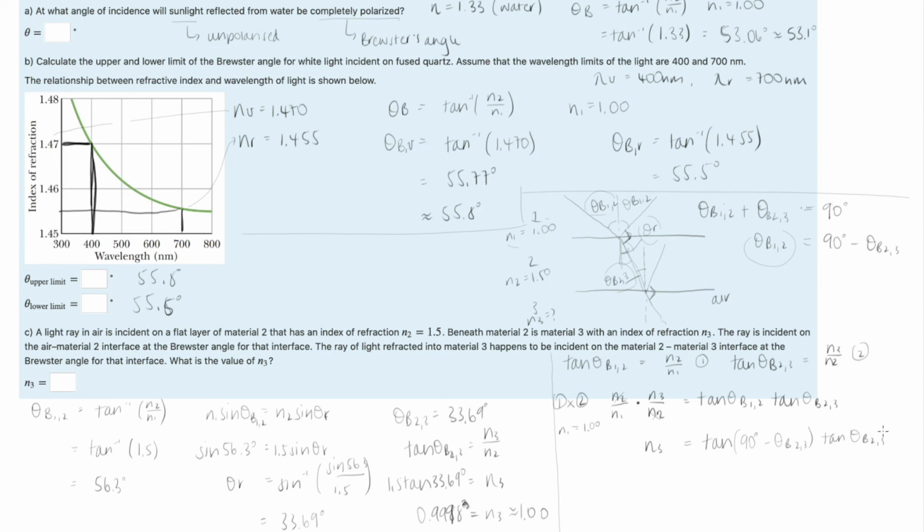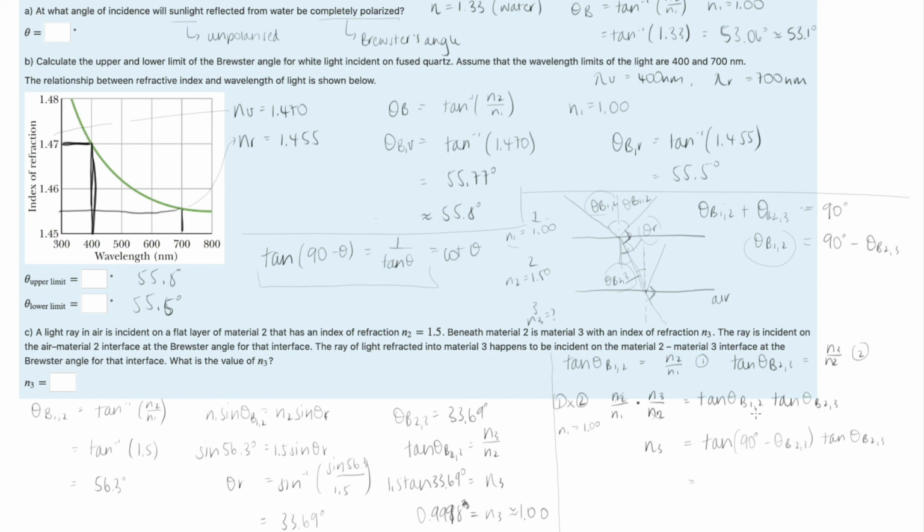Now, here we need to use a trigonometric identity, and the identity that we're going to use is tan of 90 minus theta equals 1 divided by tan theta. Now, this also happens to equal cot theta, but this part is the bit that we're going to use. If you just move the tan to the bottom and get rid of the 90, it all works out.